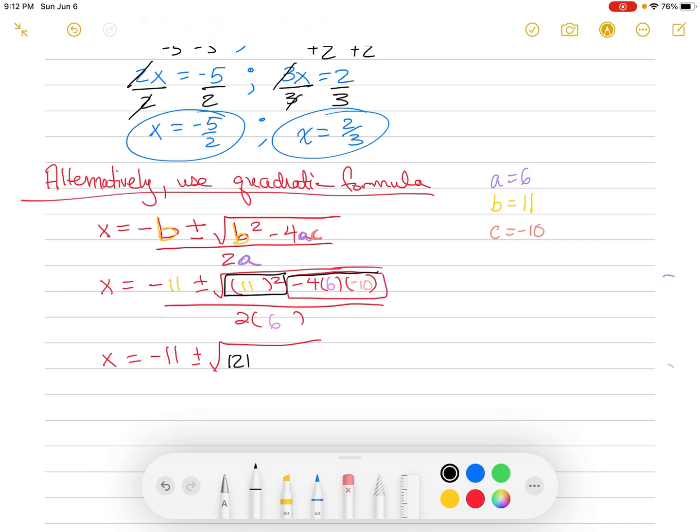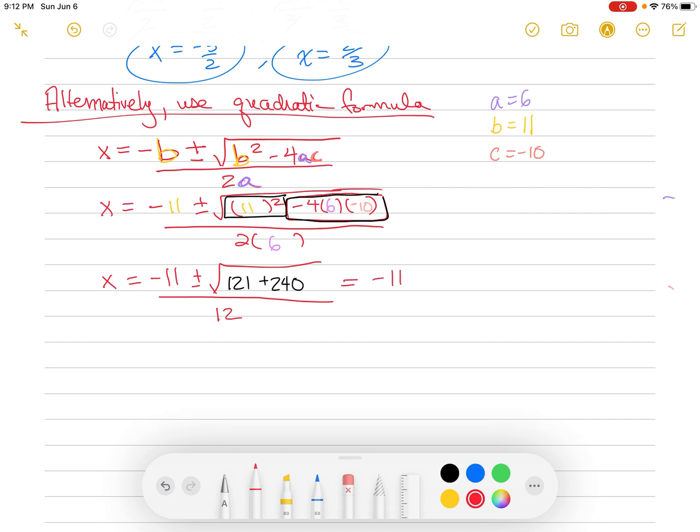So if I take negative 4 times 6 times negative 10, negative 4 times 6 is negative 24. Negative 24 times negative 10 is positive 240. So I'm going to add, because we get a positive. So that's a plus 240. All of that is going to be divided by 2 times 6, which is 12.